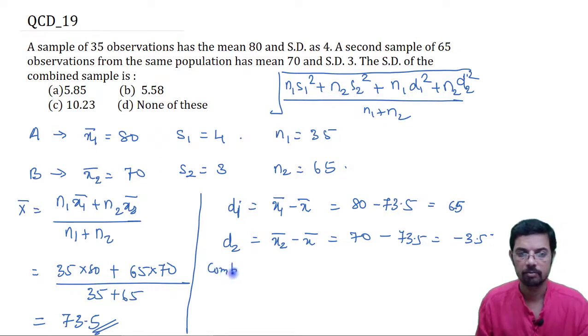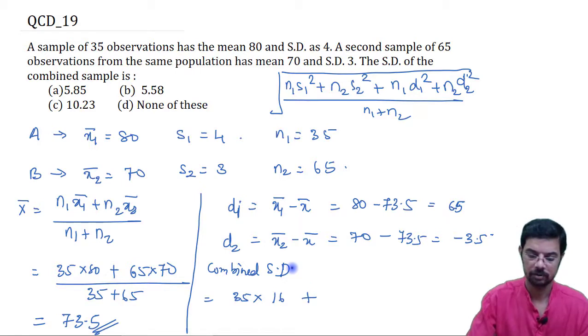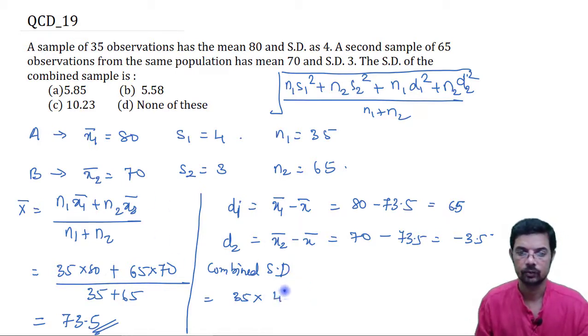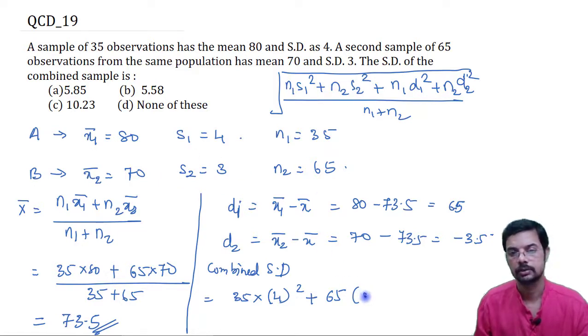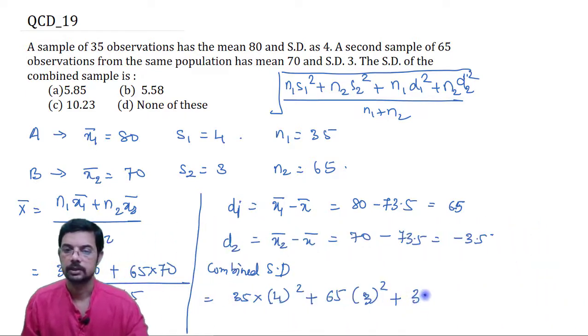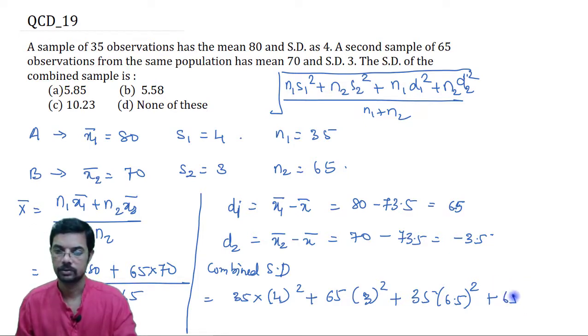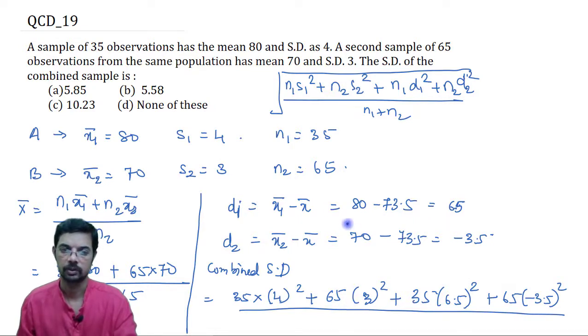The combined standard deviation will be equal to N1, which is 35, into S1 square, which is 4 square, plus N2, which is 65, into S2 square, which is 3 square, plus N1, that is 35, into D1 square, that is 6.5 whole square, plus 65 into D2 square, that is minus 3.5 whole square, divided by N1 plus N2, which is 35 plus 65.